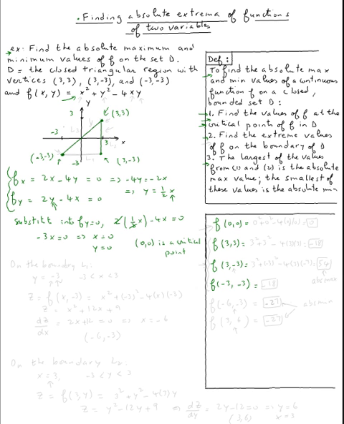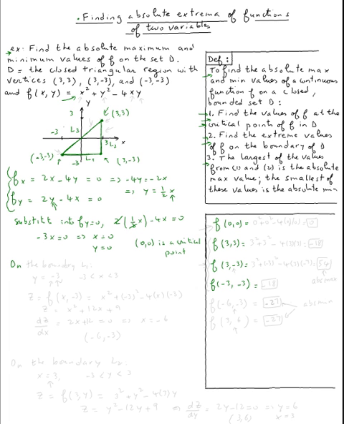Alright, now what's next? Now number 2, so we need to find the extreme values of f on the boundary of D. So let's call this boundary from here to here L1, this one will be L2, and this one will be L3.